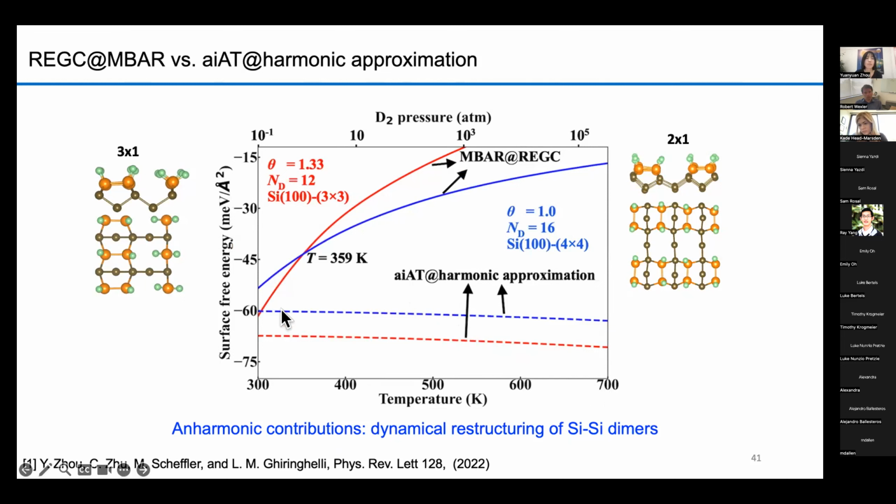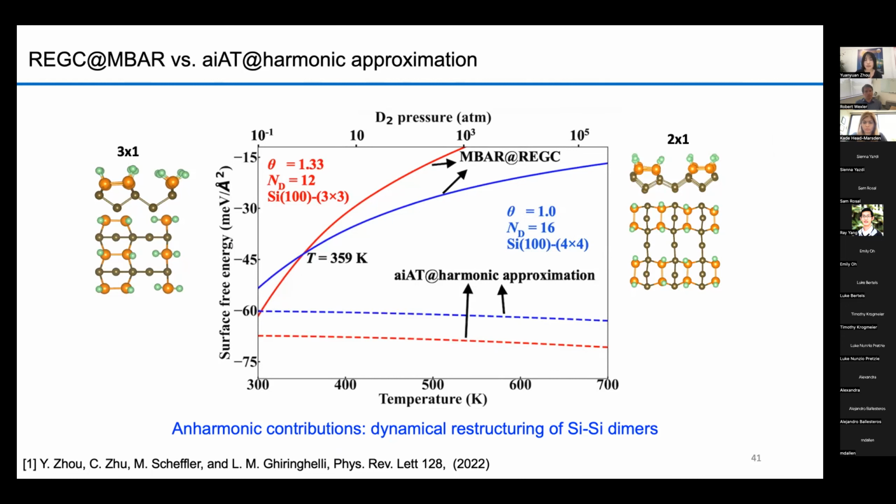While the replica exchange grand canonical method tells us that the high coverage 3x1 phase is relatively more stable at lower temperatures. With increased temperature, the 2x1 adsorption pattern becomes more stable, which is consistent with experimental observations.